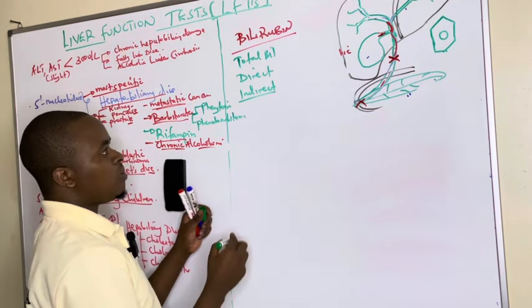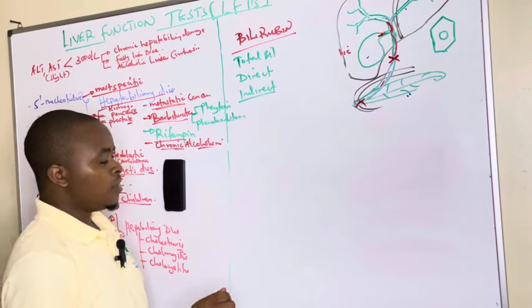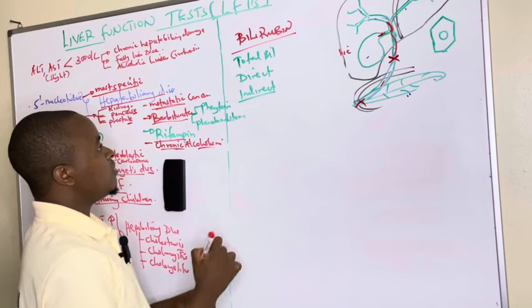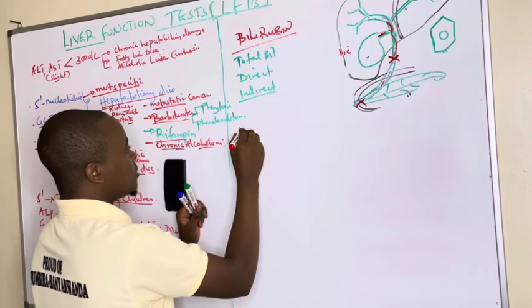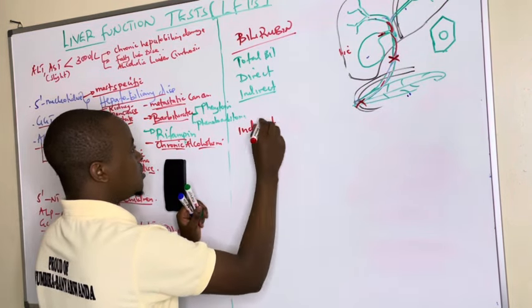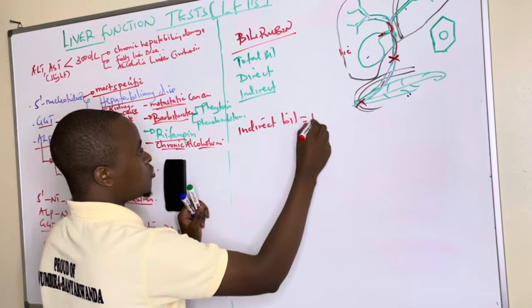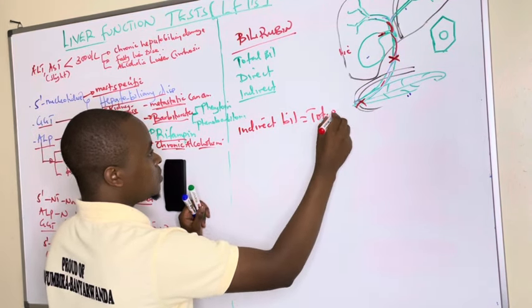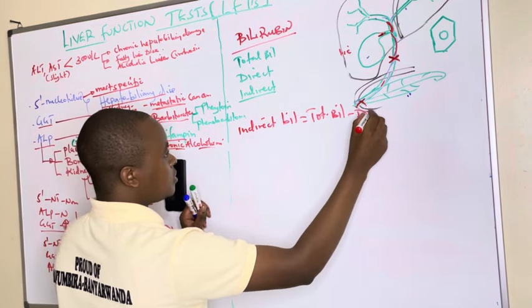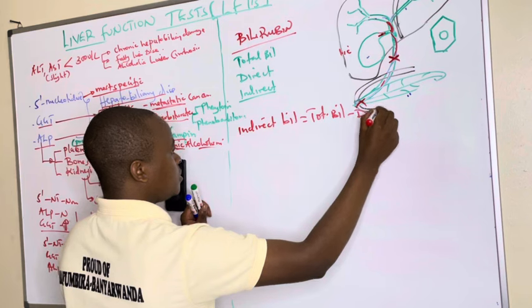And you do not need to buy the reagent for indirect. Why? Because whenever we have total bilirubin, indirect bilirubin is equal to total bilirubin minus direct bilirubin.